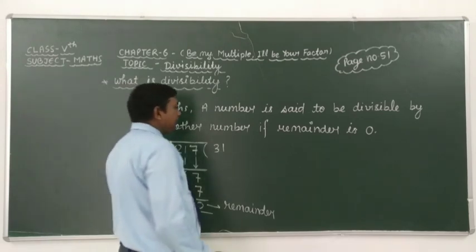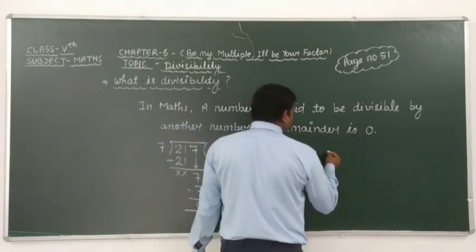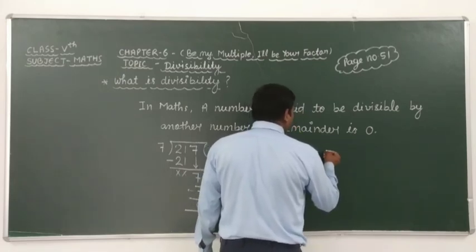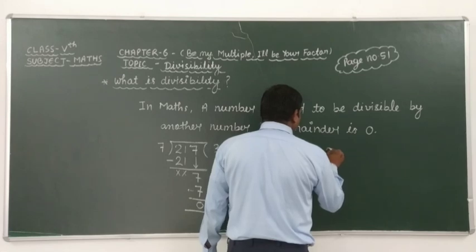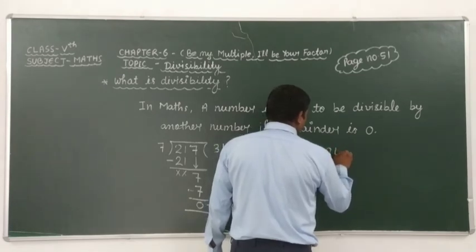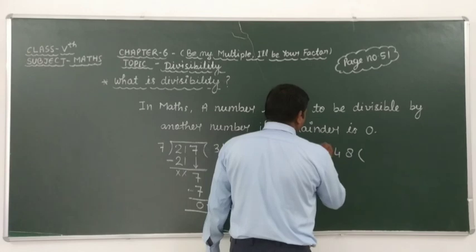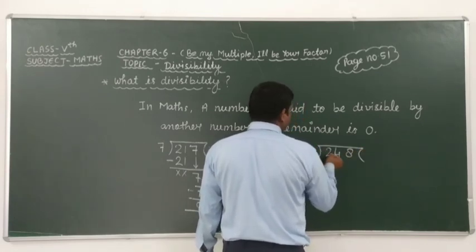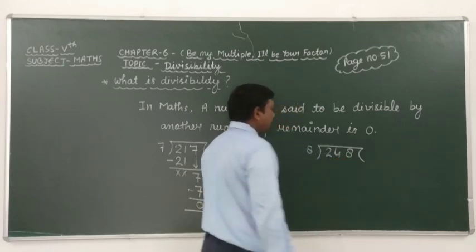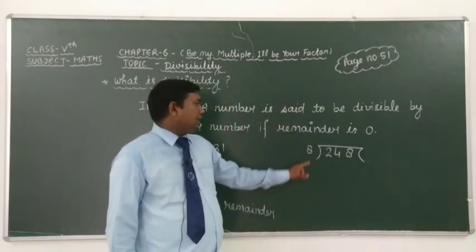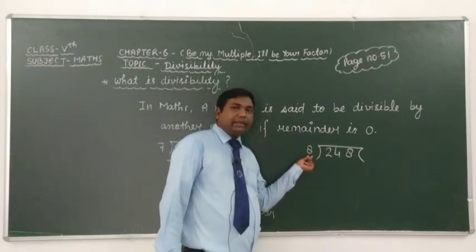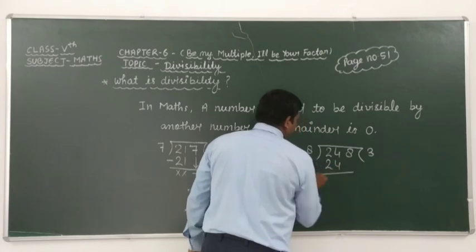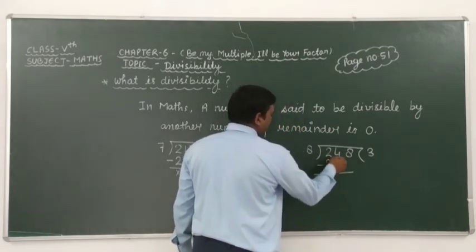Clear? Similarly, look, here we can take another example. Look, 248 is divisible by 8. It means that here we can take 248 divided by 8. Look, 8 3s, because table of 8, 8 3s are 24. After subtracting this, here we get 4 minus 4 is 0.